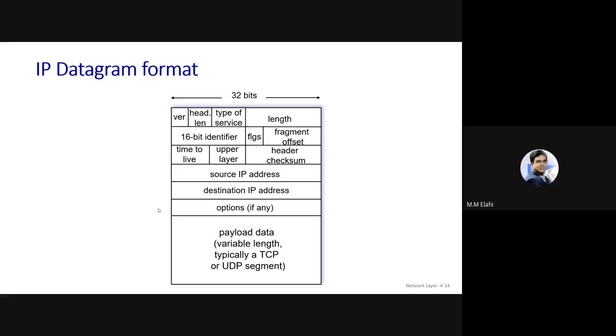Now, very important, we have to understand the header fields of an IP datagram or packet. First of all, you can see each row, similar to TCP, is 32 bits. That means 4 bytes, right? And you can see 1, 2, 3, 4, 5 fixed header rows.